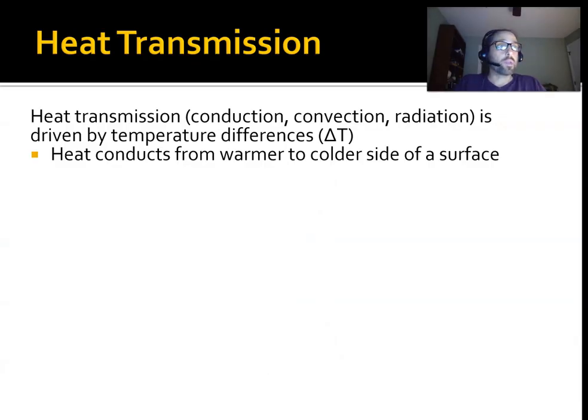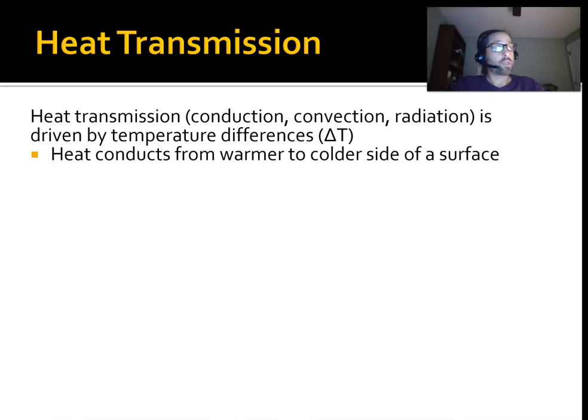Okay, and so heat in a building, one of the main ways that heat flows into and out of a building is through the surfaces, right? So the walls, the roof, the foundation, whatever. And again, heat will always flow from the warmer to the colder.